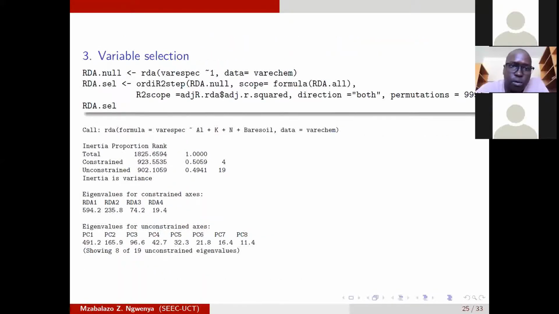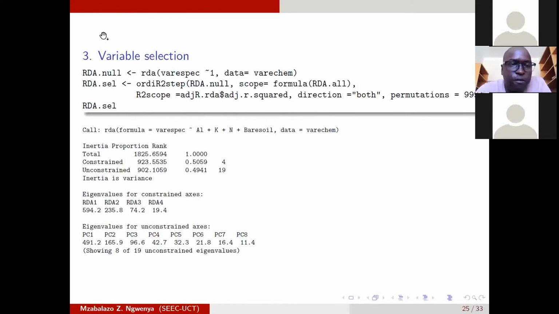We saw that our fit was significant, but our second axis was not significant. We'd like to improve upon that so that our final ordination plot consists of both axes being significant. So maybe we must remove some of our variables. That's what we're trying to do.